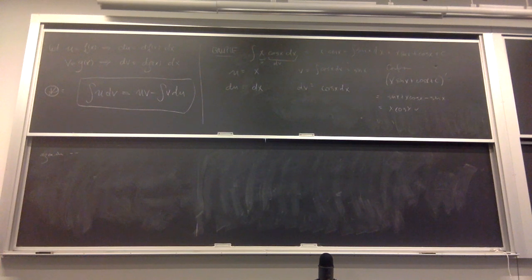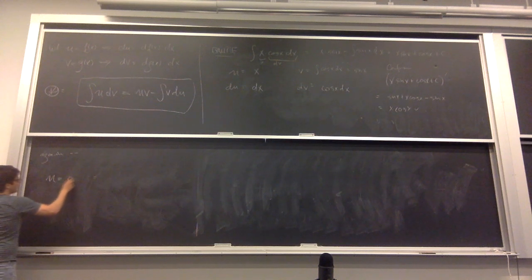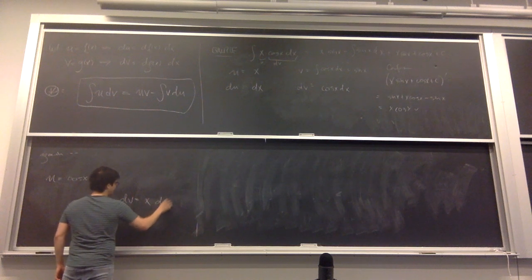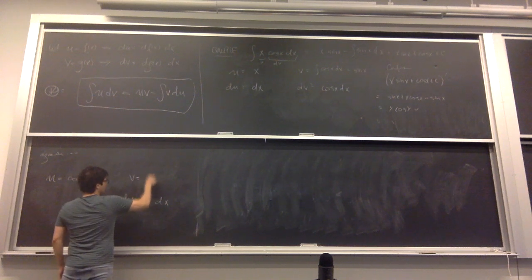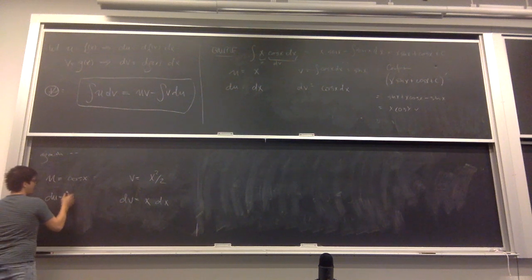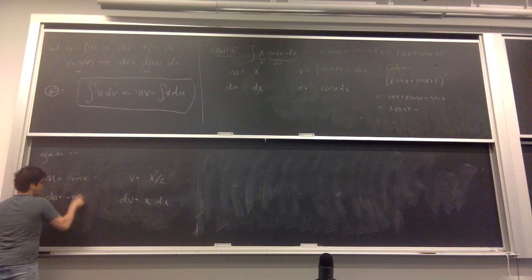The point of integration by parts is to produce an integral that's less complicated. It's pointless to make the integral more complicated. But you're right. If I would have made u equal cos x, that means dv would have been x dx, which means v would be the integral of this, so x squared over 2. And then du would have been minus sine x dx.